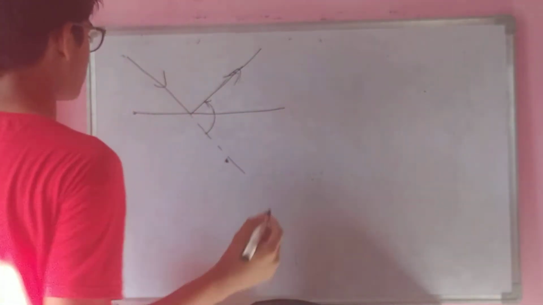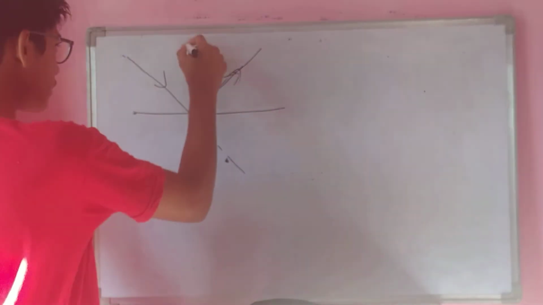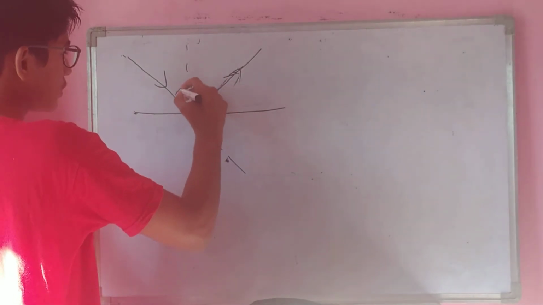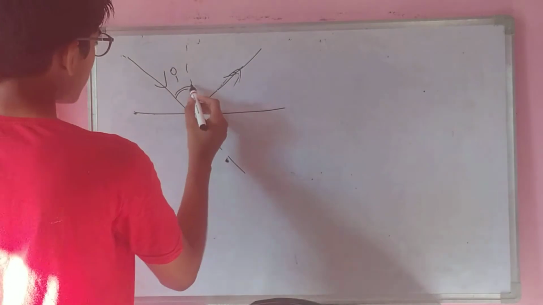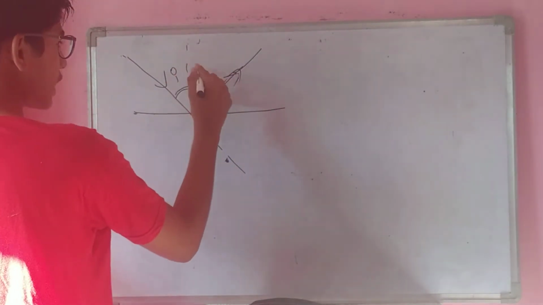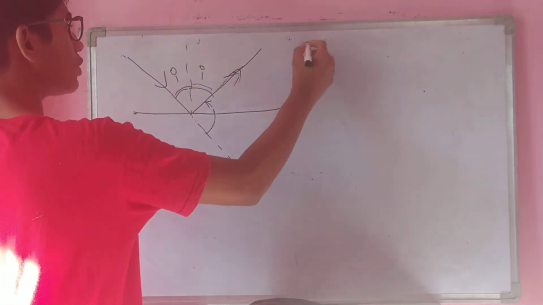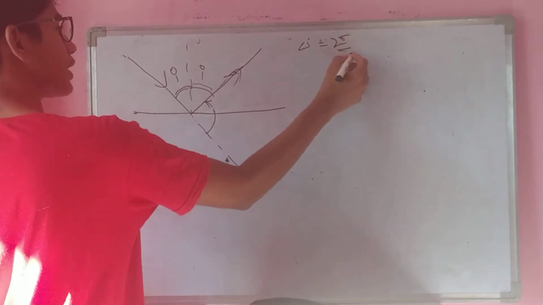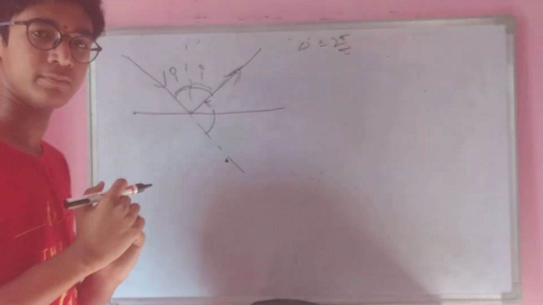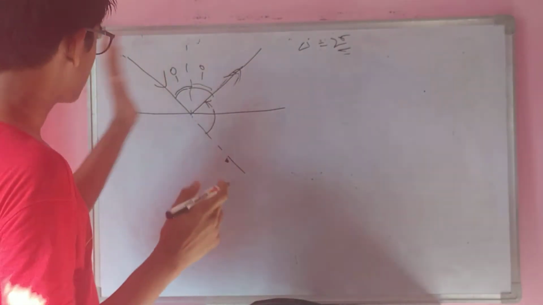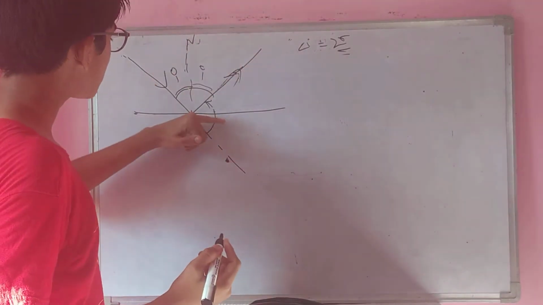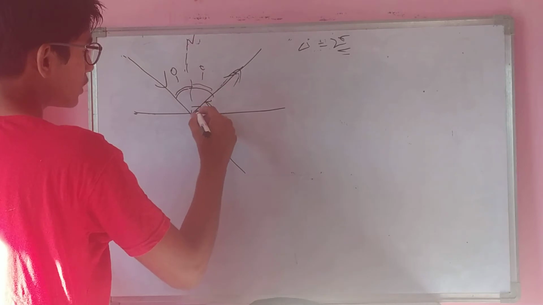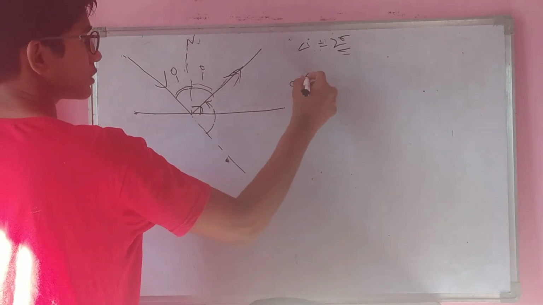This is a plane mirror. We know the angle of incidence, and we know the angle of reflection. Since I equals R, in the place of R, can I write I? Same only. This is the normal. Normal and plane mirror are at which angle? 90 degrees.